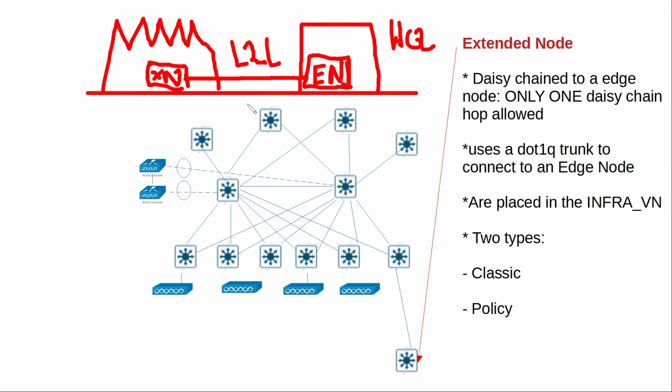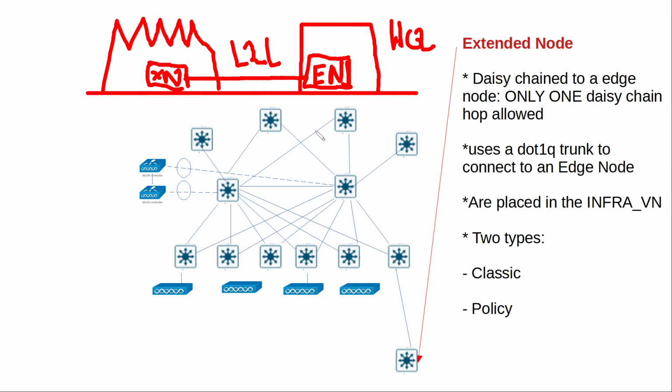And in this case, you will be extending your fabric to another building. This is a way of doing it. And there are other ways to extend your fabric using layer 3 solutions, but this will be a layer 2 solution in order to extend your fabric.